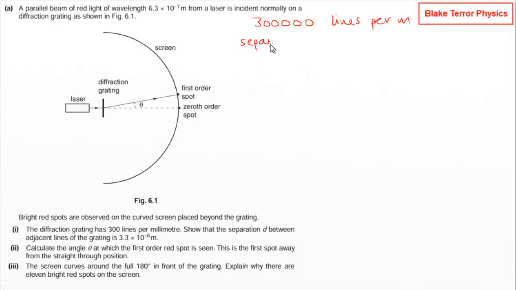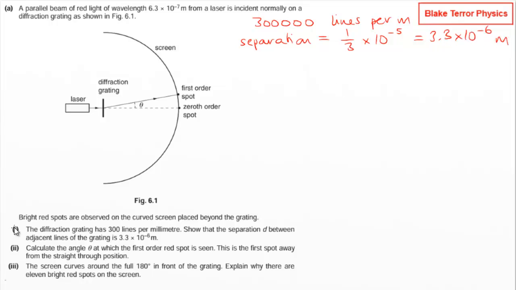So separation is going to be equal to 1 over 3 times 10 to the 5. So 1 over 3 times 10 to the 5, because I've just taken the 10 to the 5 and done the reciprocal of it. So yeah, that's 3.3 times 10 to the minus 6 meters.